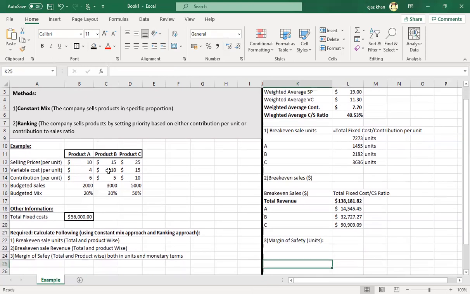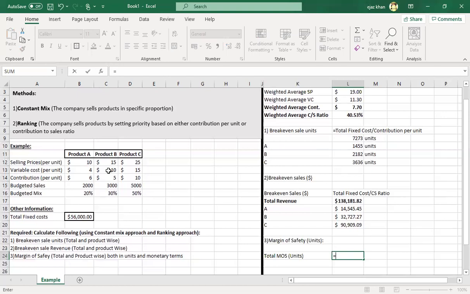So margin of safety, the total, will be simply the difference of break-even sales and budgeted sales. Budgeted sales figures are given on a product by product basis, so we have to sum all of these to get the total budgeted sales figure. And from this, we need to subtract the total break-even sales figure, which was 7273. Here we go. That's the margin of safety figure in units.